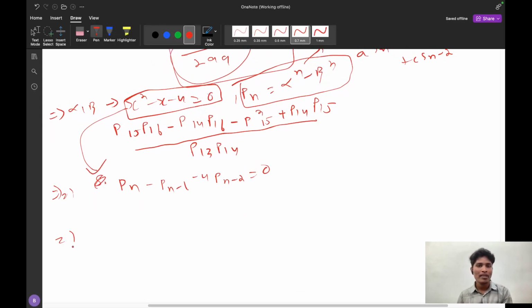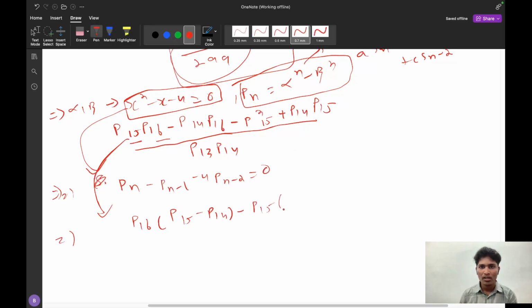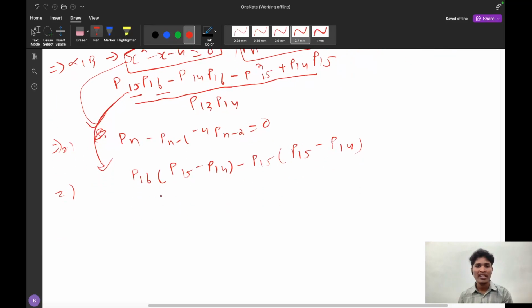Now let's evaluate this expression. In this, P16 is common. I can take common P16 into (P15 minus P14) minus, here I can take common P15. What will I get? P15 minus P14 divided by P13 into P14.